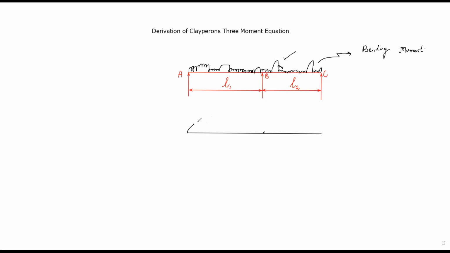This is the variation of the bending moment, how the bending moment varies in this beam. Let's suppose this is the bending moment diagram of this beam, such that this area we call A1, and let's call this area A2.